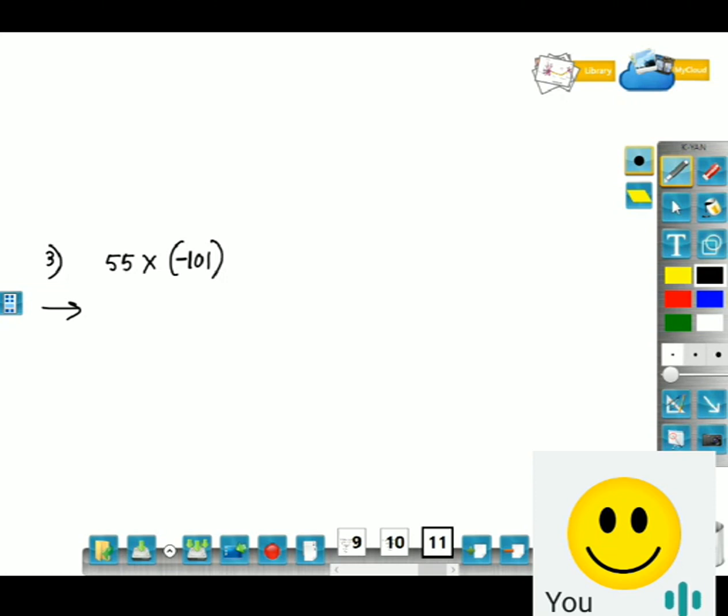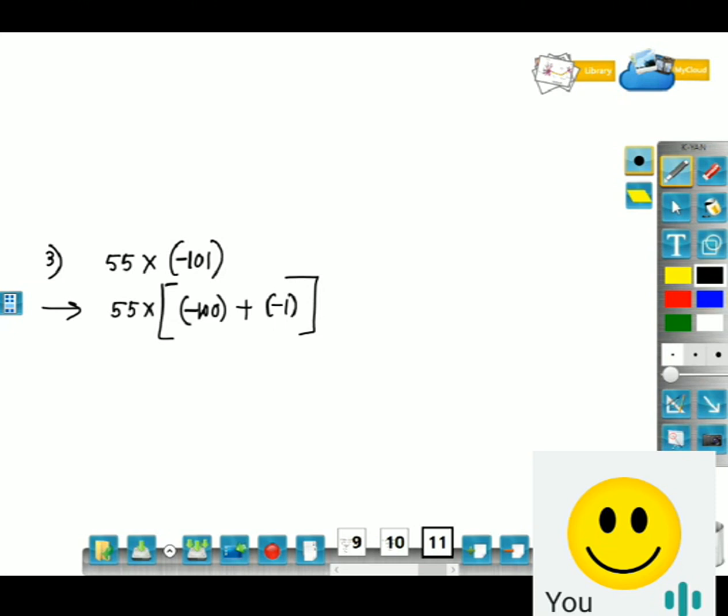You have to divide that into two parts. So how can we divide minus 101? We can write it as minus 100 plus minus 1.